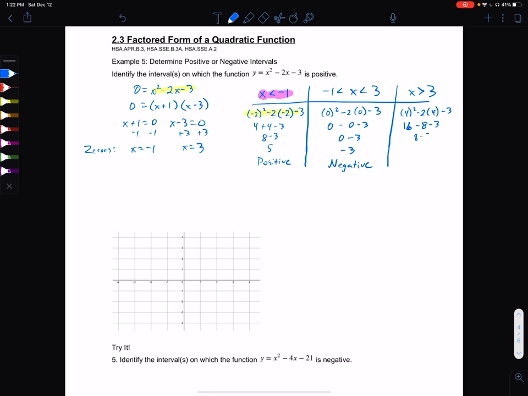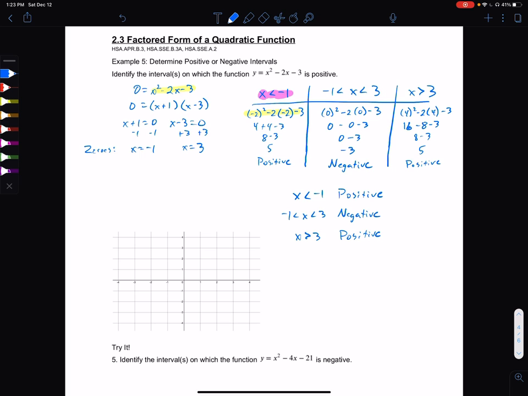That would be 8 minus 3, which is 5, and that is positive. So for my 3 intervals, the interval x is less than negative 1 is positive. The interval from negative 1 to 3 is negative. And the interval x is greater than 3 is positive.